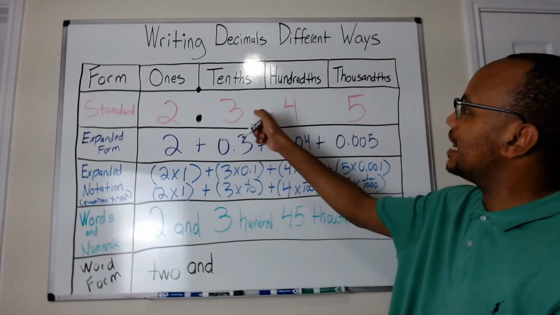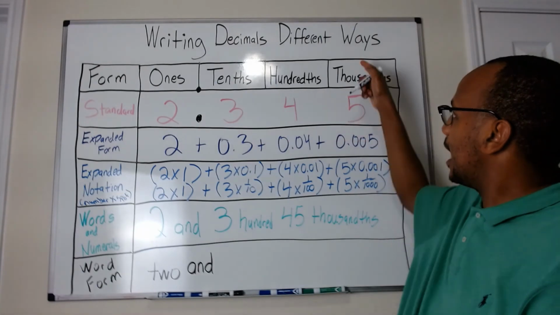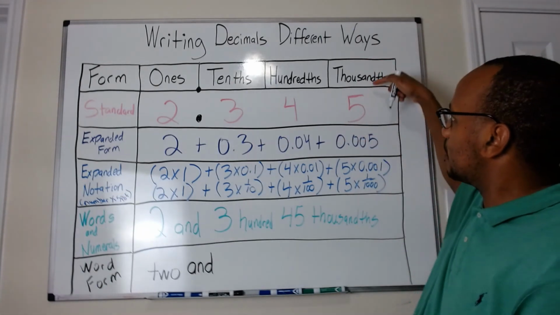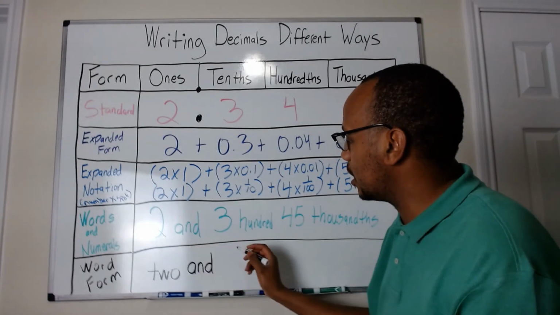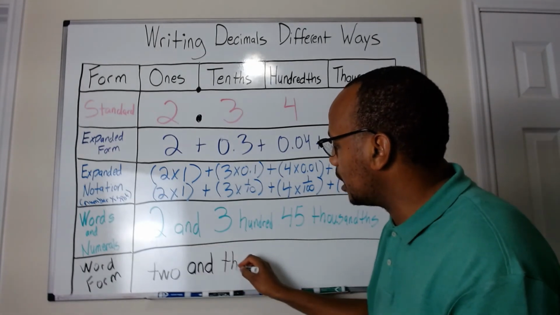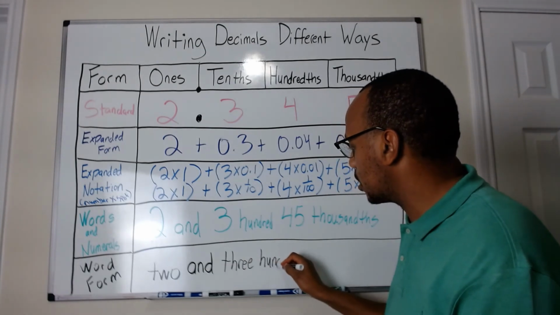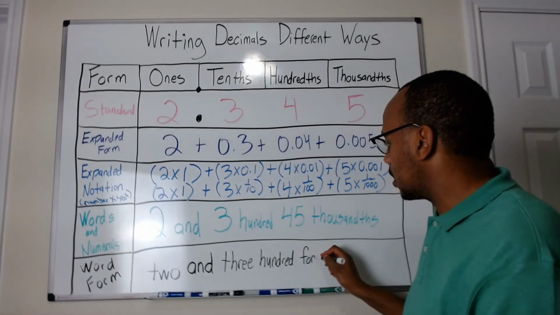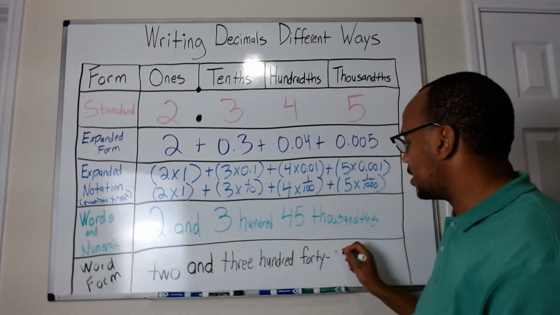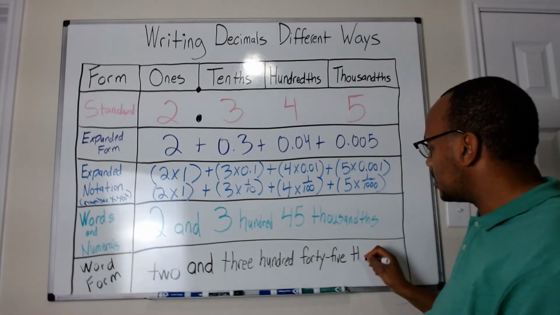Now behind the decimal point, you have 345, and the spot of the last number is the thousandths place. So it's 2 and 345 thousandths.